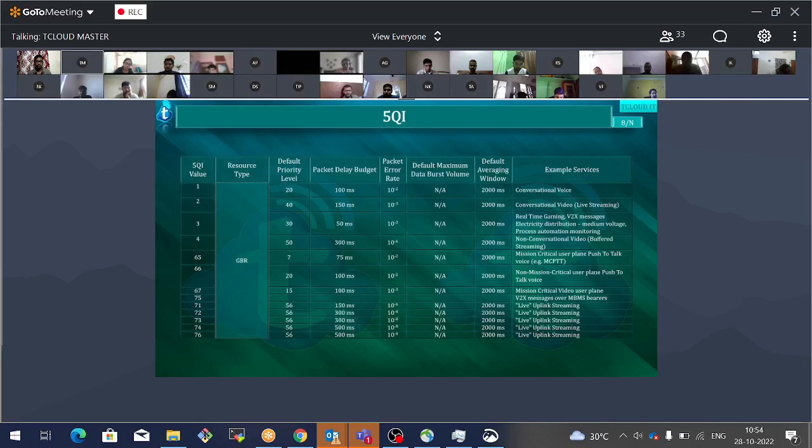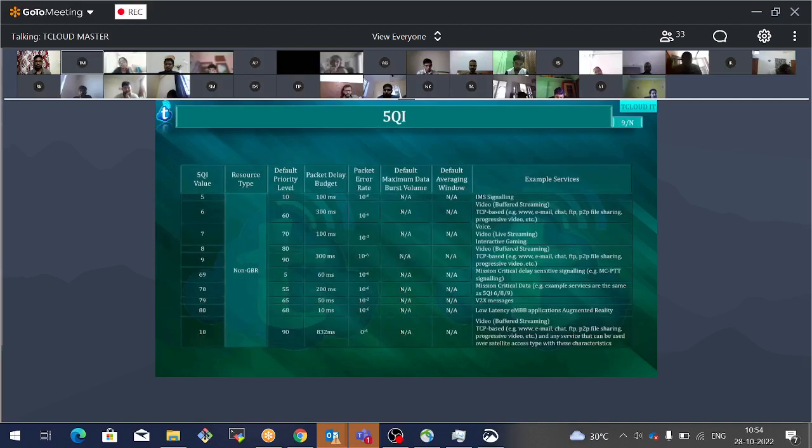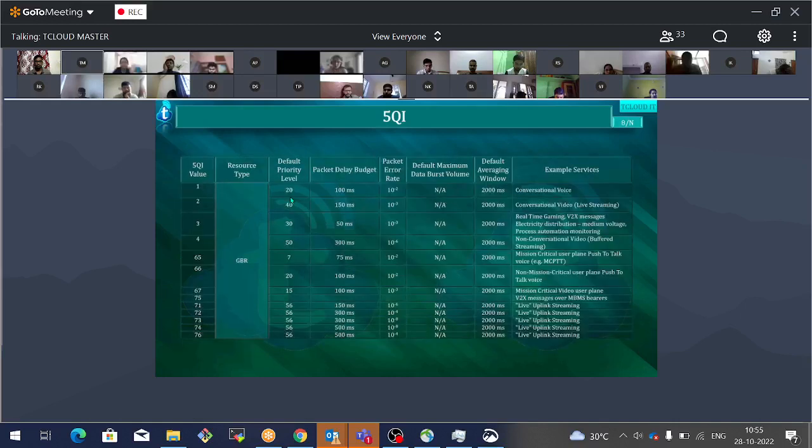Next, 5QI values, non-GBR values, non-guaranteed bitrate ones. So you obviously have priority values starting from the range 10 to 19. 10, the lowest that you see here. In the previous box, we see 7 as the lowest. That is applicable for something called mission critical user plane push to talk voice.